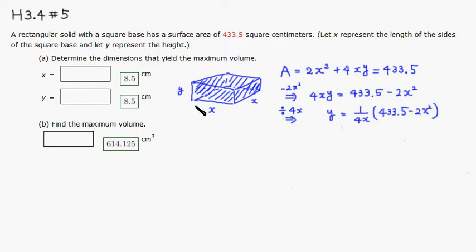Then we want to maximize the volume. Volume is easy to find. Volume V is going to be x squared times y. Since we can replace y by this expression, x squared times y is 1 over 4x times the quantity 433.5 minus 2x squared.